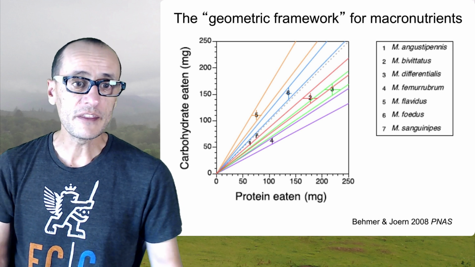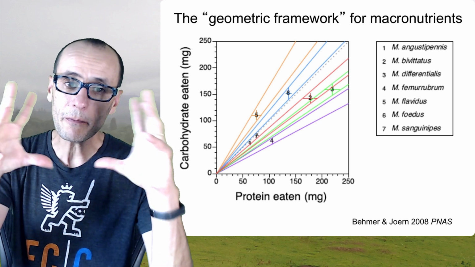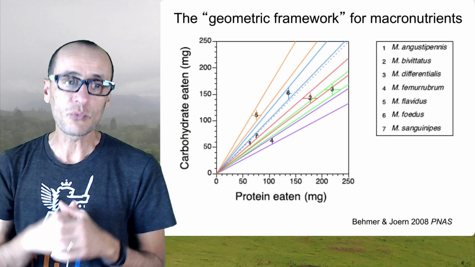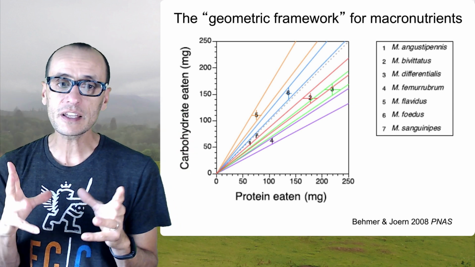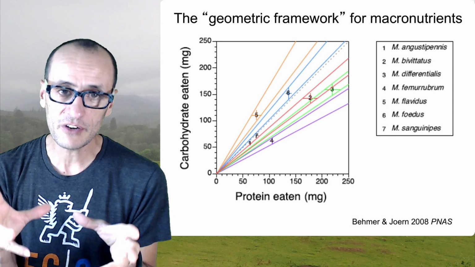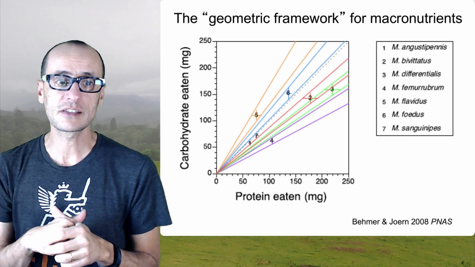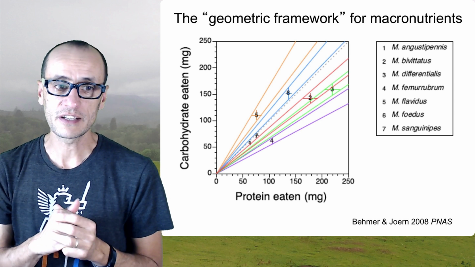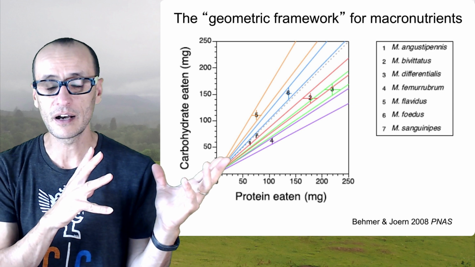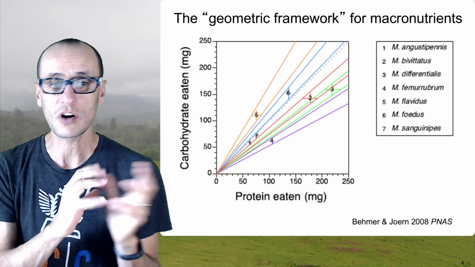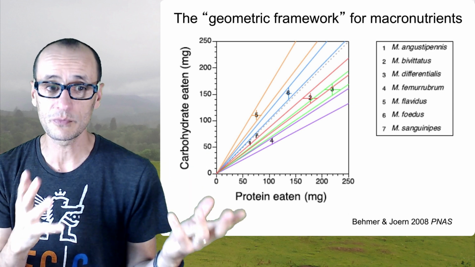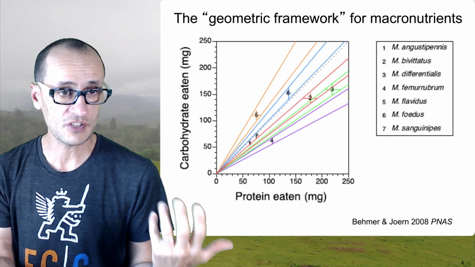And so this geometric framework is a relatively recent approach for dealing with the multivariate nutritional constraints on the level of macronutrients. Usually it's carbon and proteins that are looked at, but this could also be lipids and nitrogen or something else.